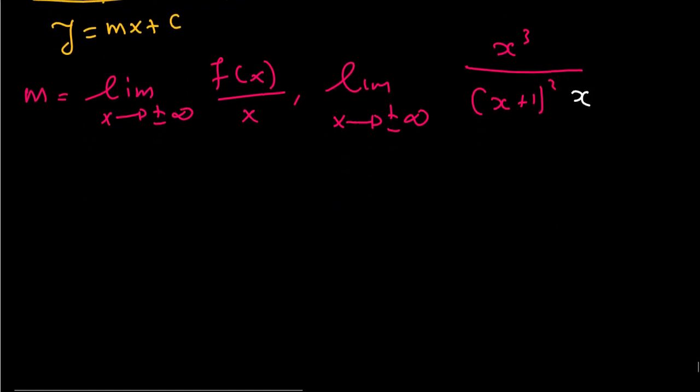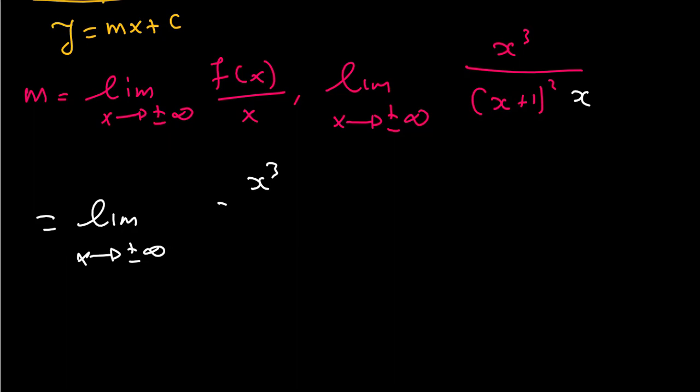So let us actually see how the 1 comes about. This is just the same as the limit as x approaches plus or minus infinity of x cubed divided by (x squared plus 2x plus 1) times x. So we get x cubed plus 2x squared plus x.